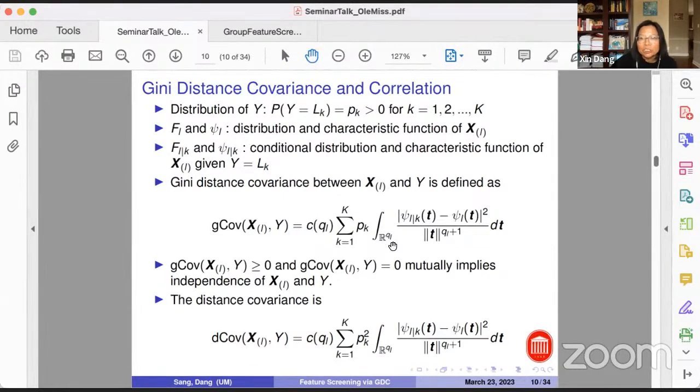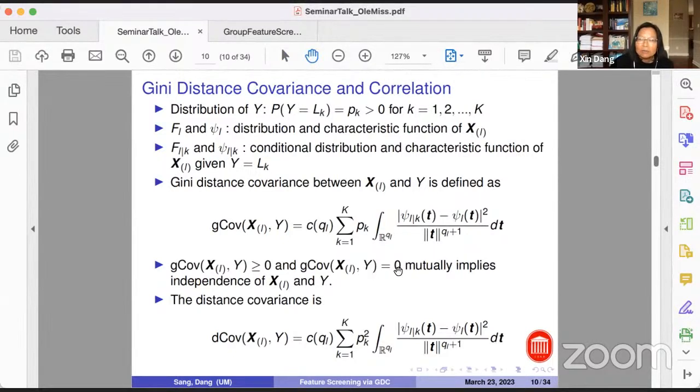The Gini distance correlation between X_l and Y is a kind of L2 distance between the conditional characteristic function and the marginal characteristic function. It is weighted with this weight, which is just a constant depending on your dimension, and p_k is the distribution of your Y. This is a squared distance, so it must be greater than or equal to 0.